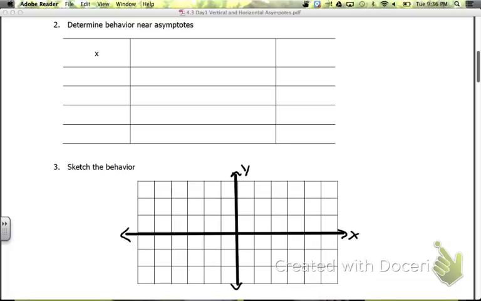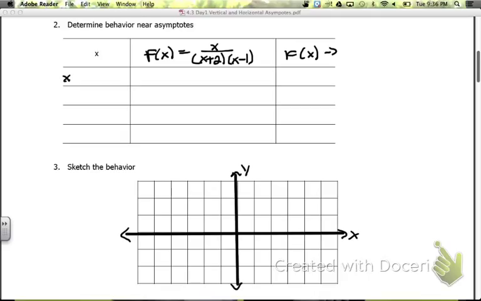Now in part 2, we want to determine the behavior near the asymptotes. So we're going to look at our x values in regards to our asymptotes. We're going to look at our function f of x equals x over x plus 2 times x minus 1 and look at where it's positive and negative, and then what f of x is approaching.